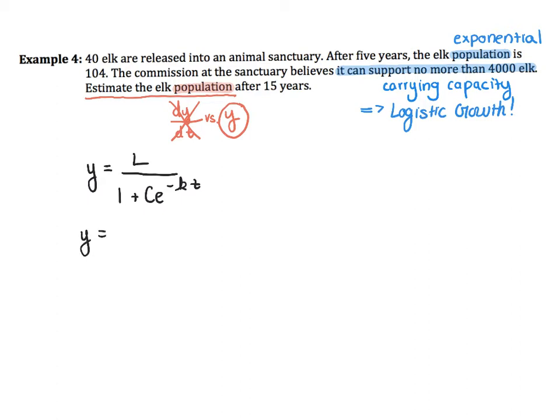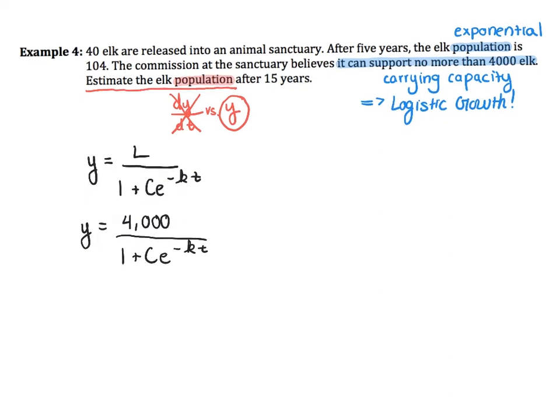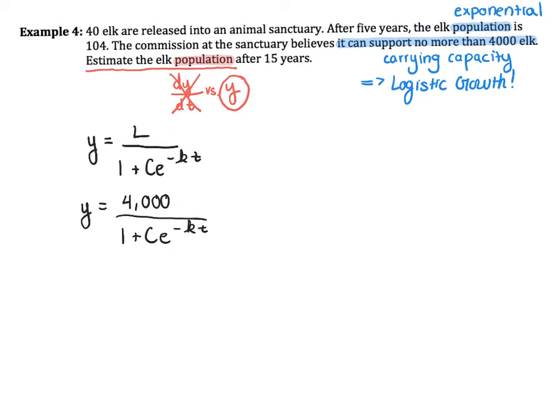So we can write 4,000 over 1 plus Ce to the negative kt. In order to find a complete formula, which we will need to predict the population, all we need to do is find values for C and K, just like before.